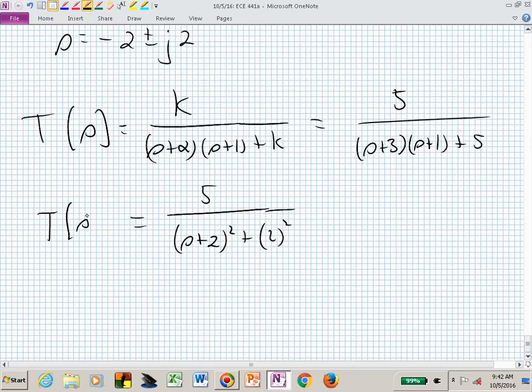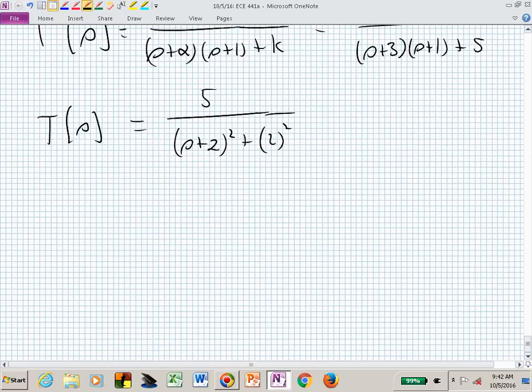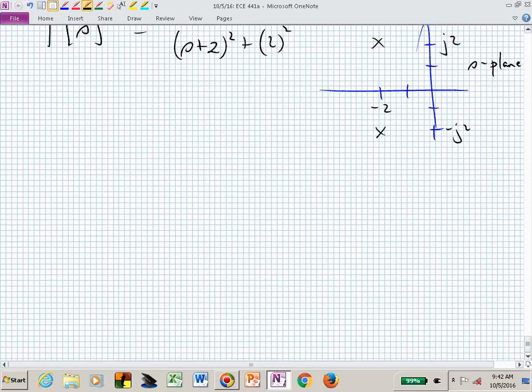And why did I write it in that form? This immediately is written in a form that we can, in the s-plane, see that our poles of T of s are at -2 plus and minus j2, by that factored form. What's our sensitivity for those values of alpha and K?